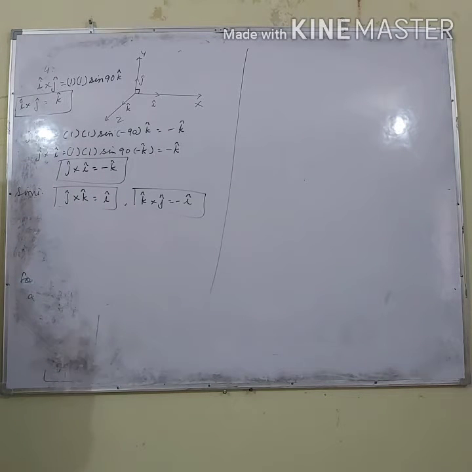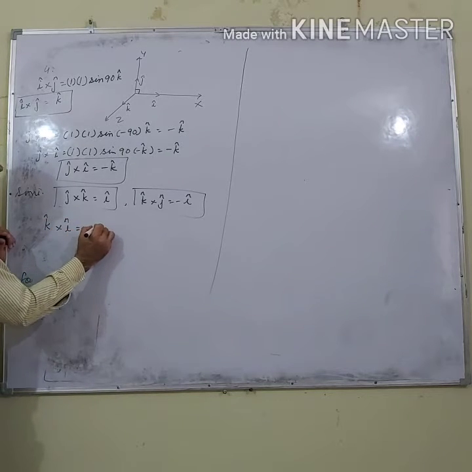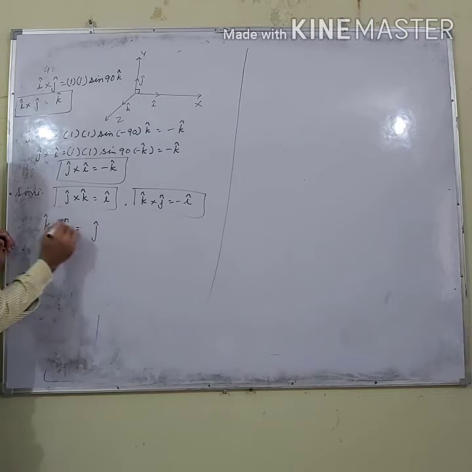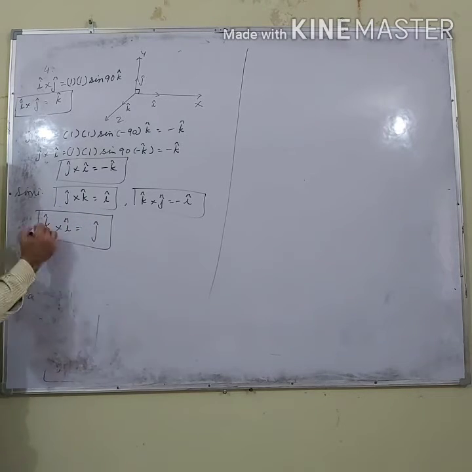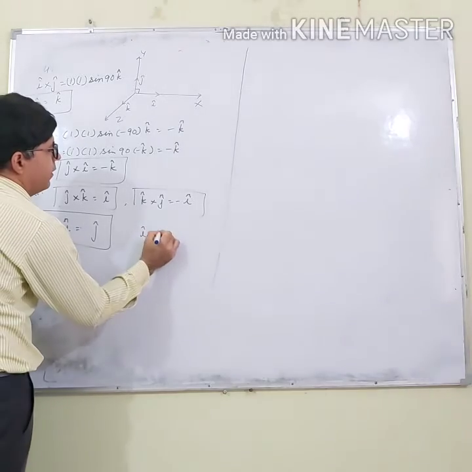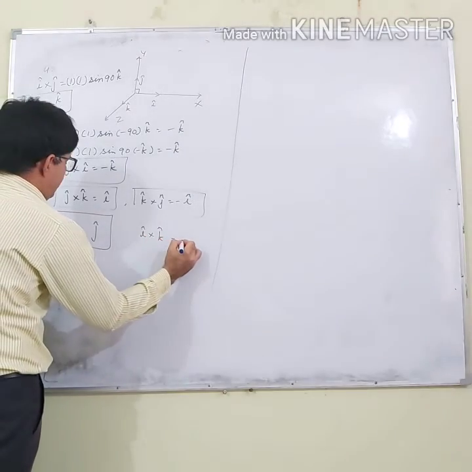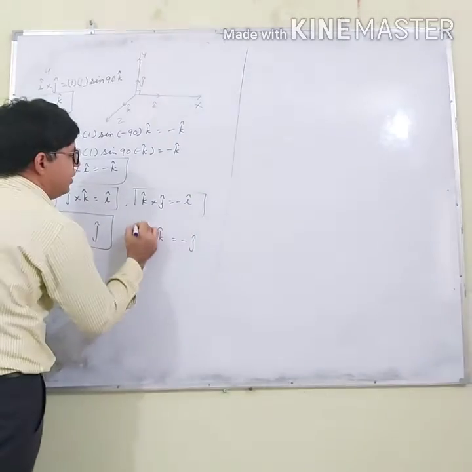Right? And what is the third one? k cross i is j. And what will be i cross k? It is minus j.